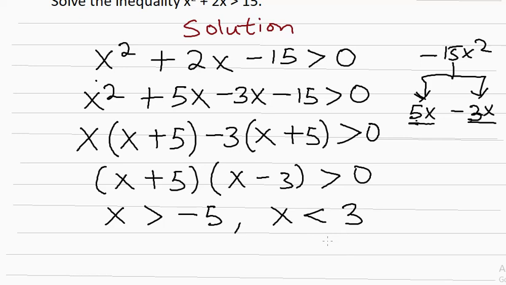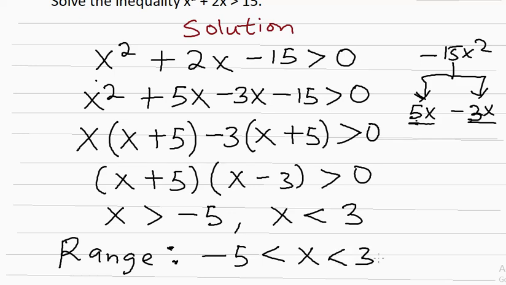So our range starts from the negative to the positive. Definitely the solution, the range of values of x, begins with minus 5 is less than x, and of course x is less than 3.